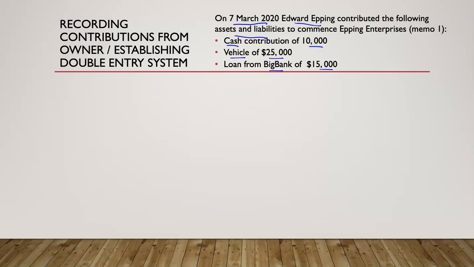We all know that these are increasing, so we have an asset increasing, which will be a debit, another asset increasing, which will be a debit, and we have a loan increasing, which will be a credit. And we know that the difference between these, the business worth, will be our owner's equity that increases, which is also a credit.